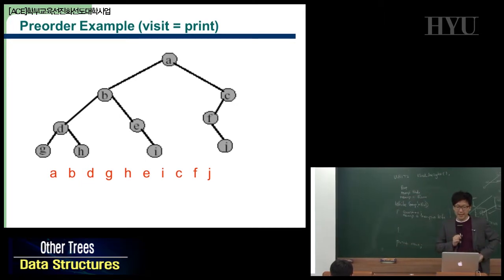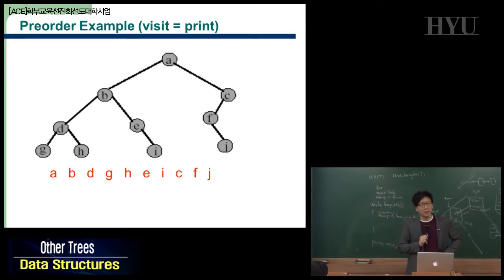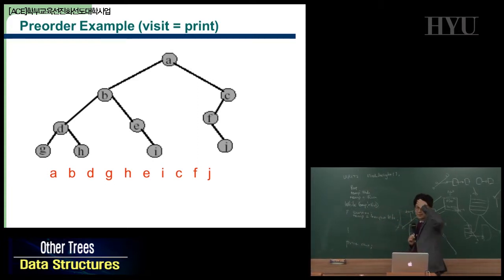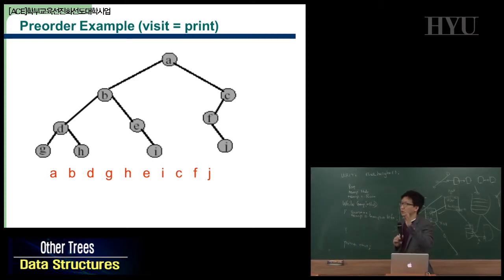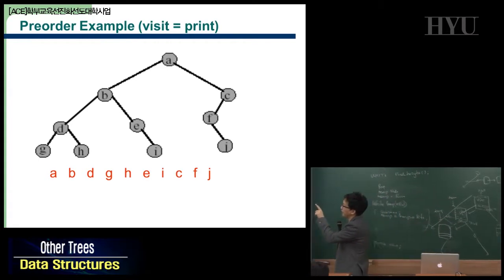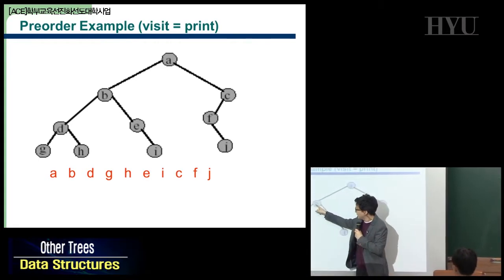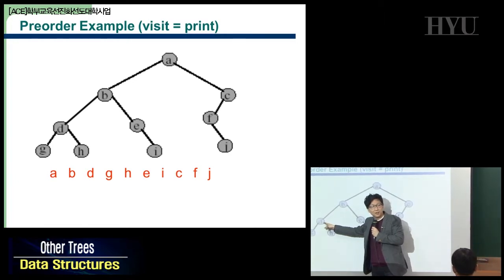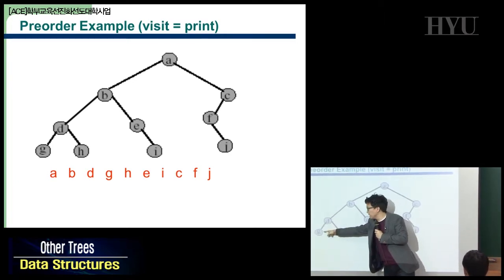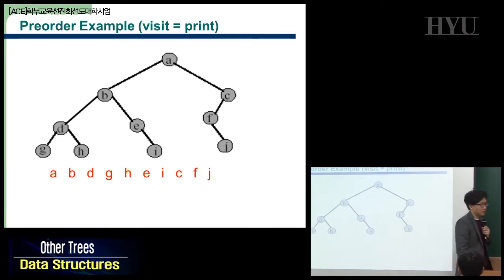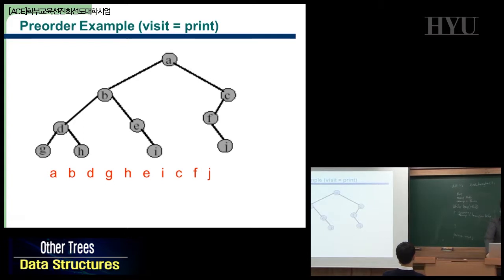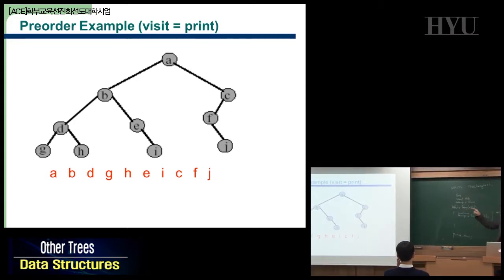A is a root, A. Left of A is B. And then root, left, right. The root is B, its left is D. D is another root, D's left is G. So I'm going to go to the left first. A, B, D, G.